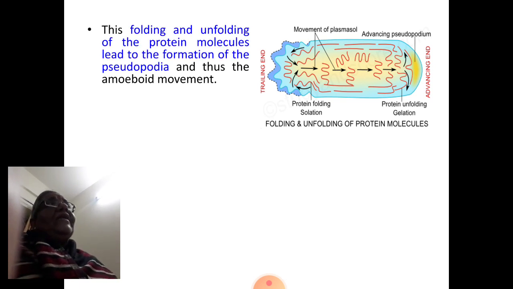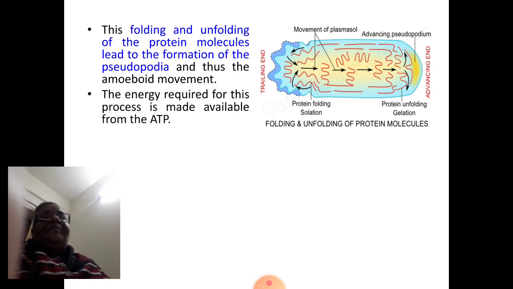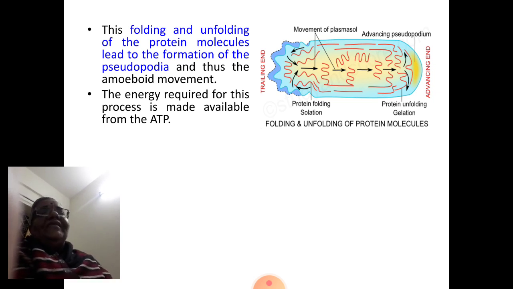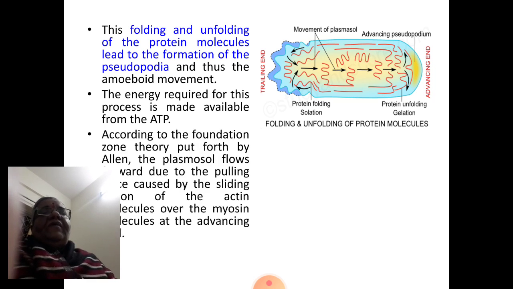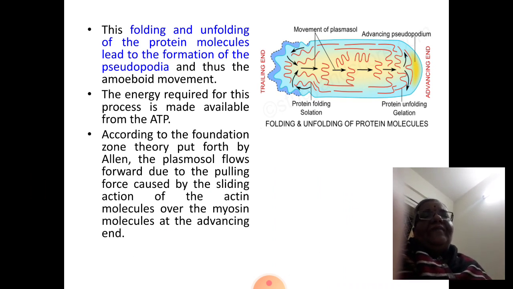This folding and unfolding of protein molecules lead to the formation of the pseudopodia and thus the amoeboid movement. And the energy required for this process comes from ATP, that is adenosine triphosphate. Then there is one more theory, the foundation zone theory put forward by Allen.